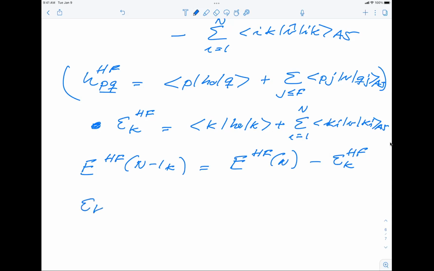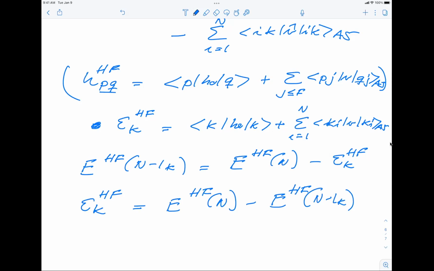So we have that epsilon k Hartree-Fock is equal to E Hartree-Fock of n particles minus E Hartree-Fock of n minus 1 particles with the hole in the state k. Now, this is Koopmans' theorem for states below the Fermi level, but it should never be called a theorem. It's an approximation.